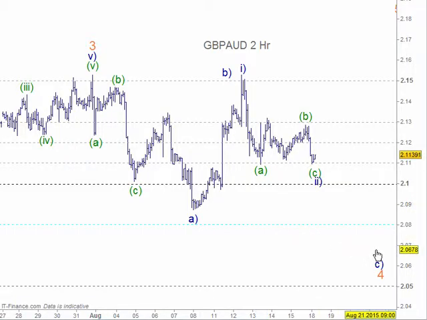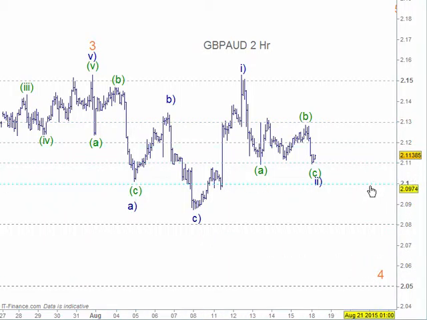Now I won't go there just yet unless we get a breach of this particular number here. At this stage we're aware of that, so that's all good. But just be mindful, if we get a breach of this level, then we'll need to look at that.